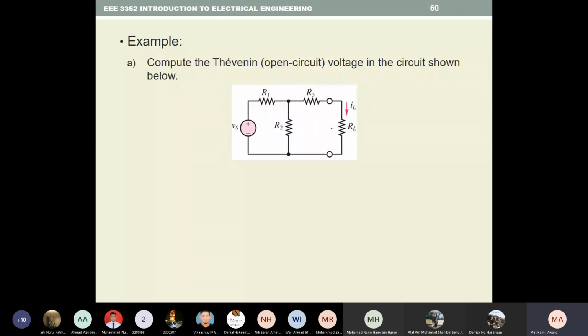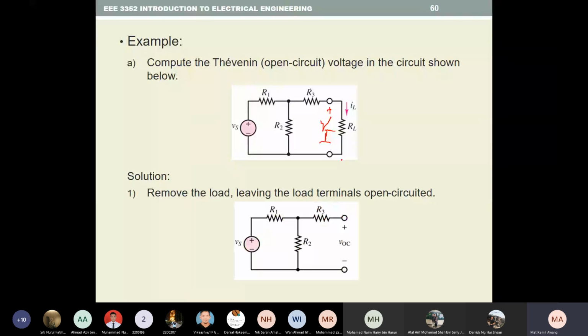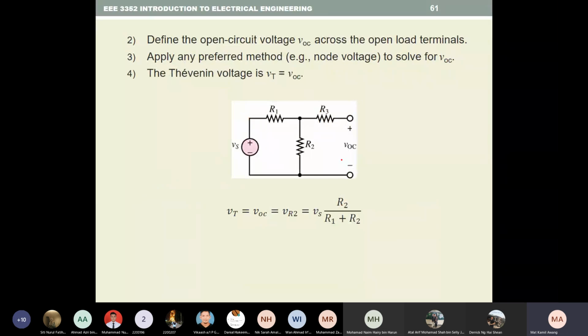Basically, you want to find the voltage here, V Thevenin. To find it, you first take out the RL, like that. So now you find the open circuit voltage. V open circuit is equal to V Thevenin.